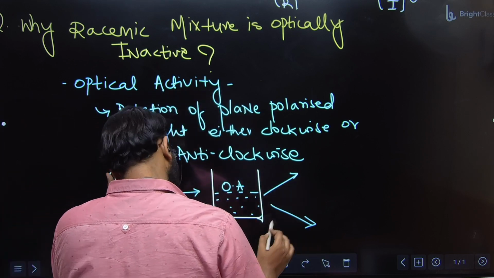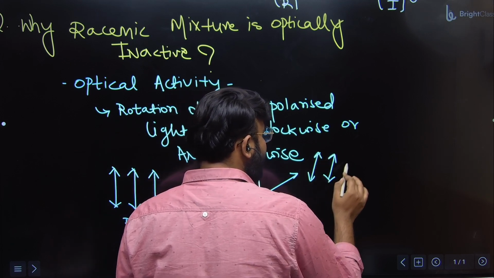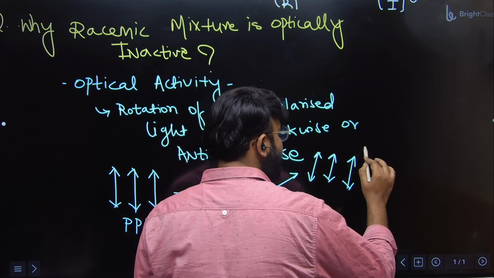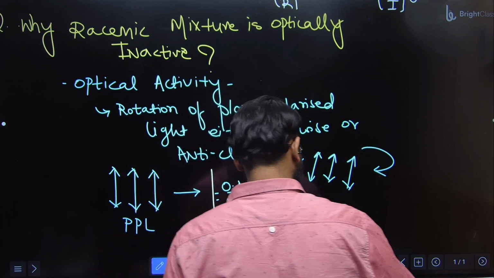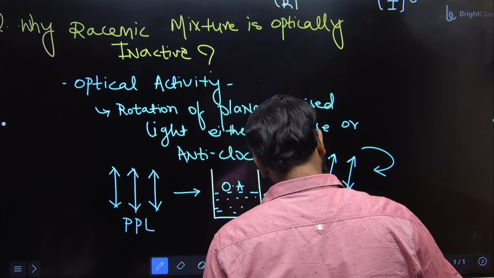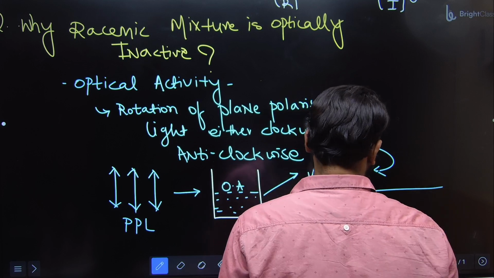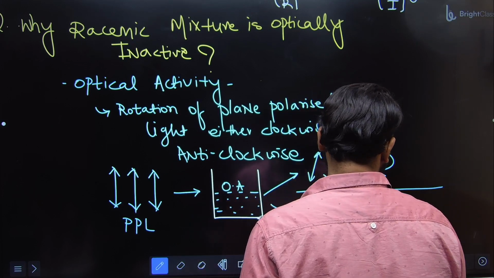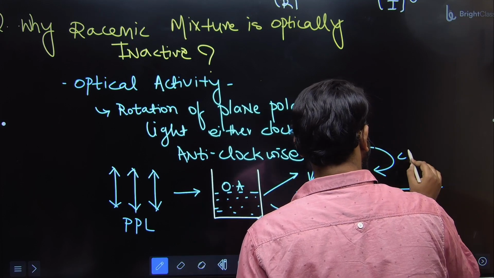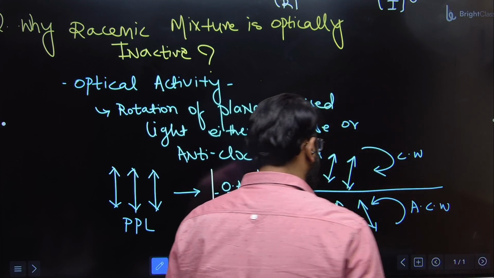Either the light gets rotated to some angle clockwise, or it may get rotated anti-clockwise. I hope it's clear. Yeah, tell me now.